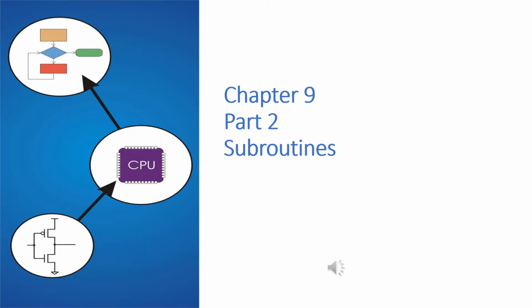Trap routines are subroutines that live in system space, and they have an additional step in calling the system subroutine in the form of the trap vector table, holding the address of the first instruction of the system subroutine. So now we're going to move into user subroutines. Let's get started.